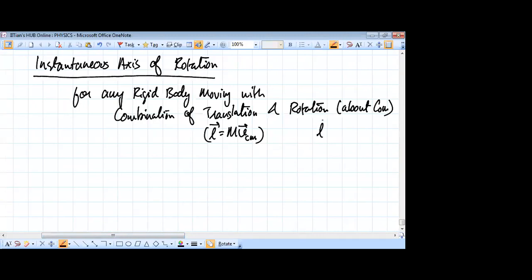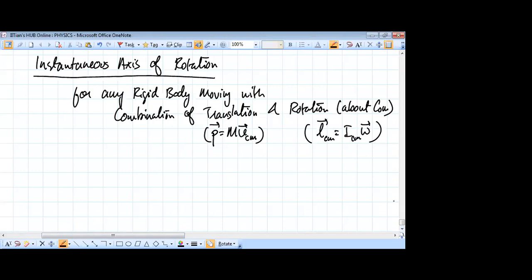So the angular momentum about the center of mass is ICM into omega. So this linear momentum should be written by P. It is a combination of translation and rotation.